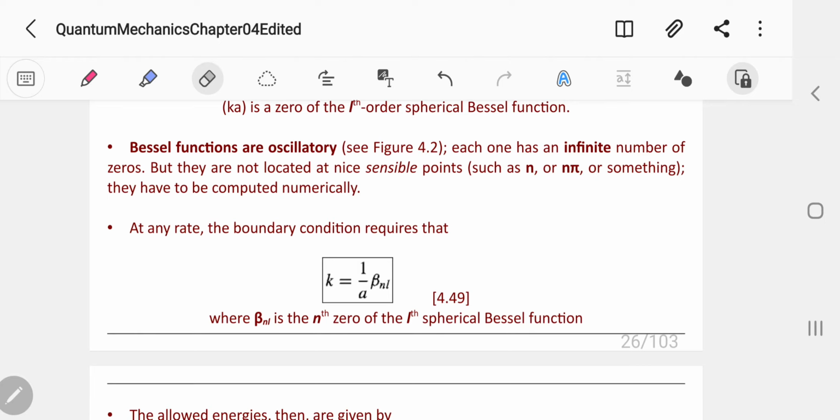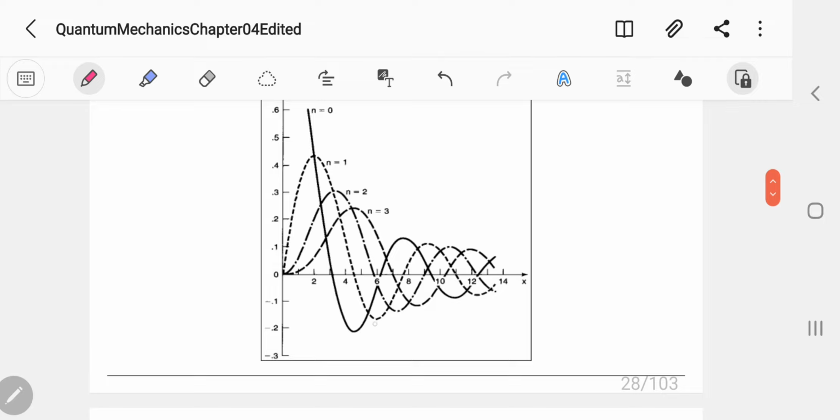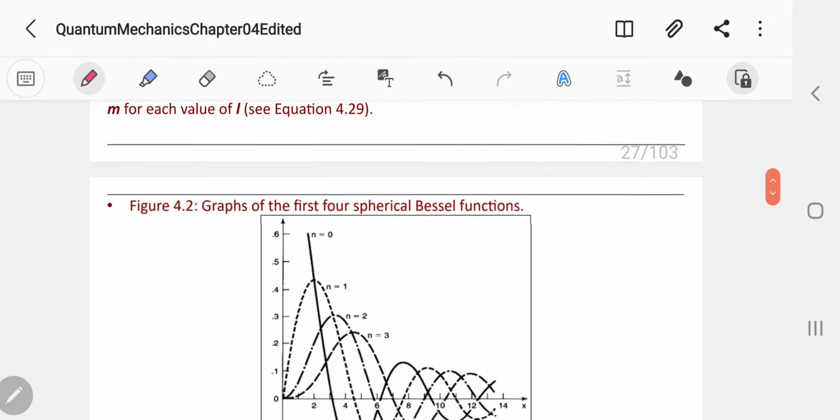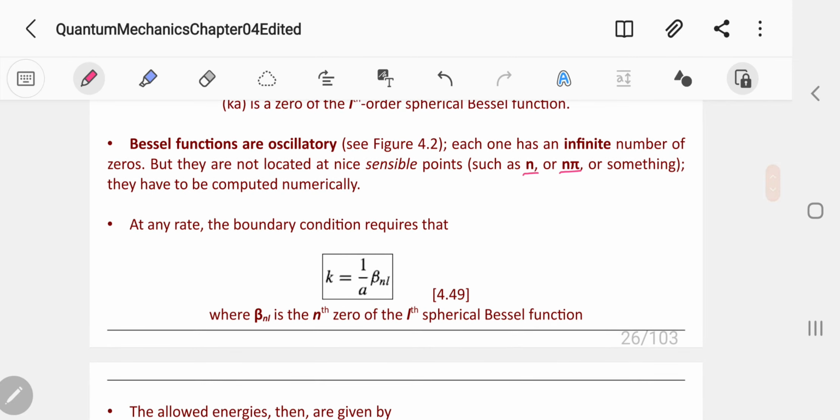But it recurs on points n pi. If you look at this figure, it oscillates not in terms of 2 pi but in terms of pi, so that you will have this condition: k a is equal to b and l.